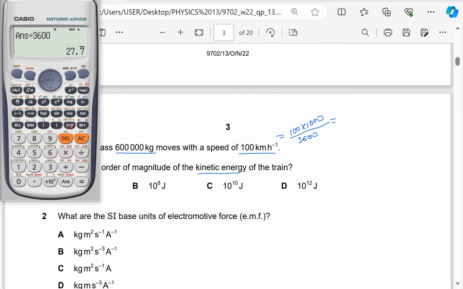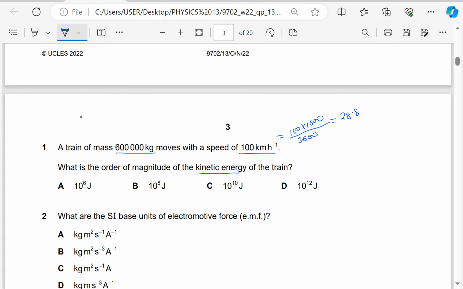So I'll just write this as a fraction. So this is, okay, let me just write 27.8 meters per second. So the kinetic energy is supposed to be a half mv squared. So this will be a half times the mass, which is 600,000, times the v, which is 27.8 squared.